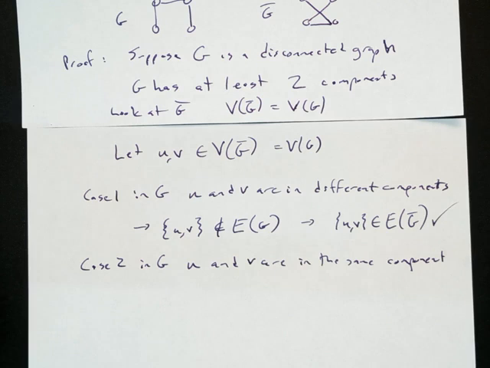There might not be a direct path from U to V of length 1, but there is definitely a path because they're in the same component. And that's what it means to be in the same component. Those are the pieces that are all connected to each other. So how do I look at the complement and find a way from U to V? There's another vertex over here in this other component. So let's use that like we did here.